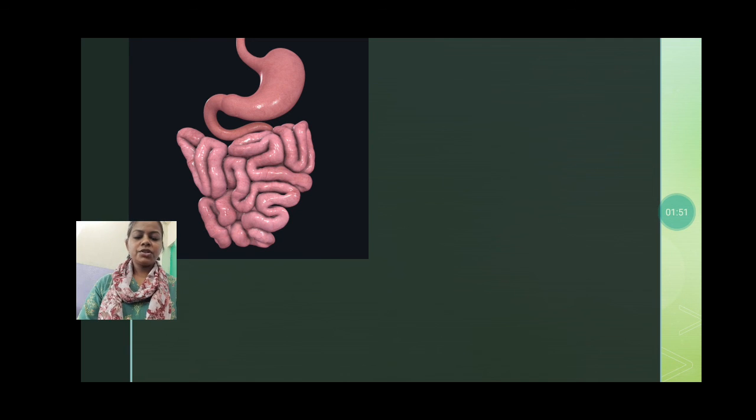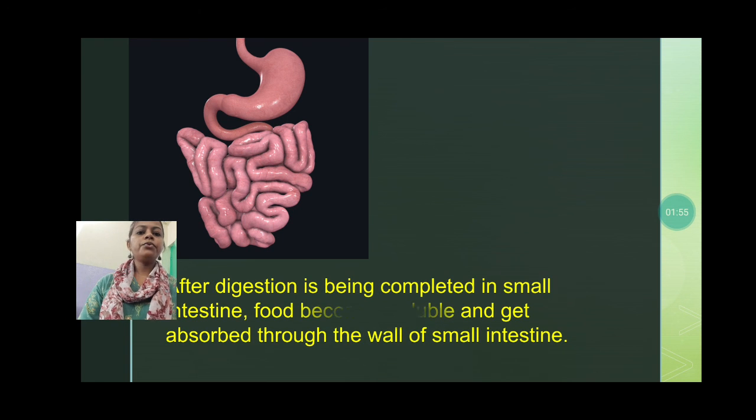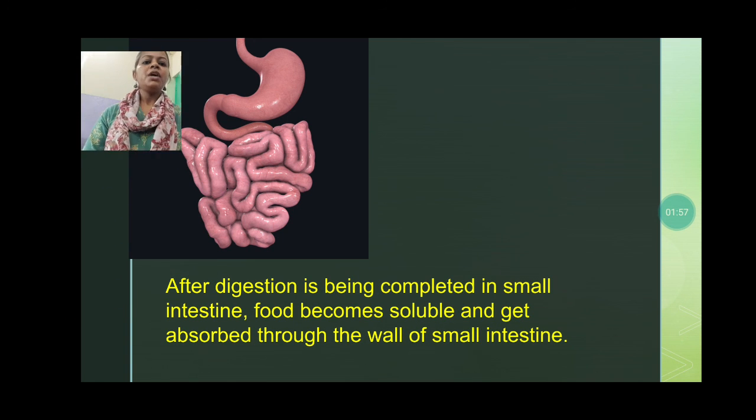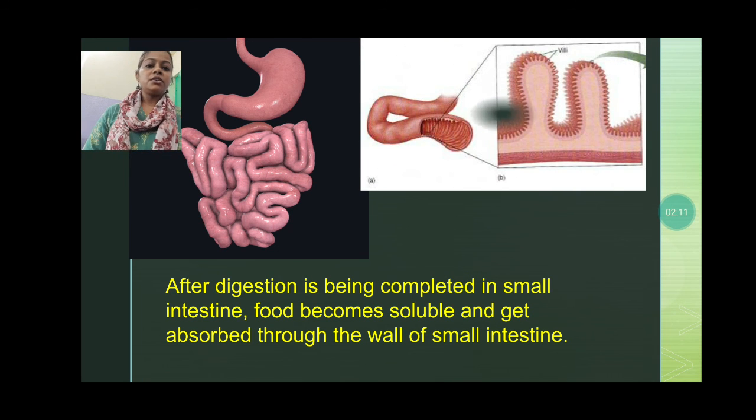First, the digestion is completed, and second is the absorption of nutrients. After digestion is completed in the small intestine, food becomes soluble and gets absorbed through the wall of the intestine.